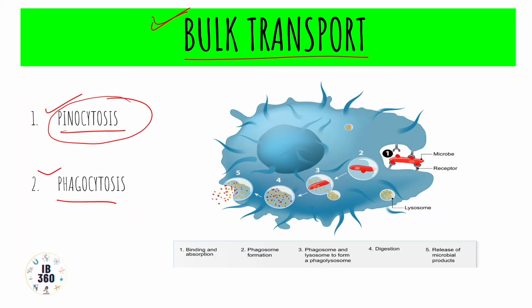Pinocytosis mainly involves the uptake of fluid particles, so this process is often called cell drinking. It is the bulk transport of fluid matter and substances dissolved in it, like sugars, ions, amino acids. They will transfer them across the cell membrane by forming minute detachable vesicles of 100 to 200 nanometer diameter.